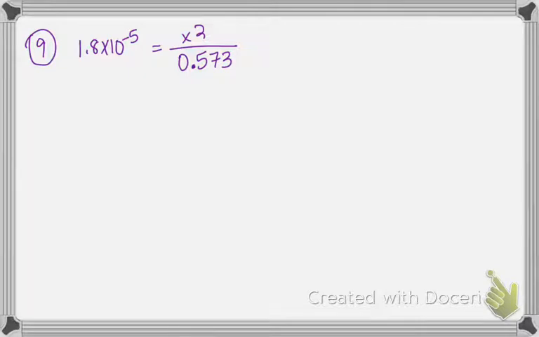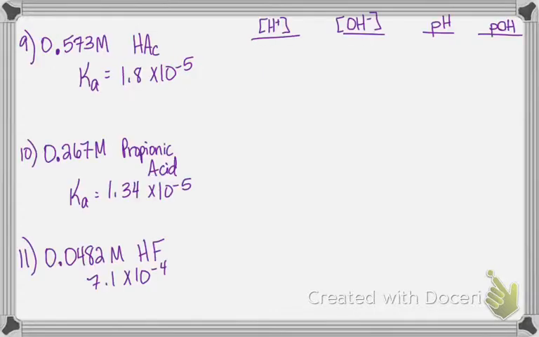Again, I'm getting rid of the little minus x. So for x, I got 3.2 times 10 to the minus 3 molar. Okay, X is the hydrogen ion concentration, 3.2 times 10 to the minus 3 molar.